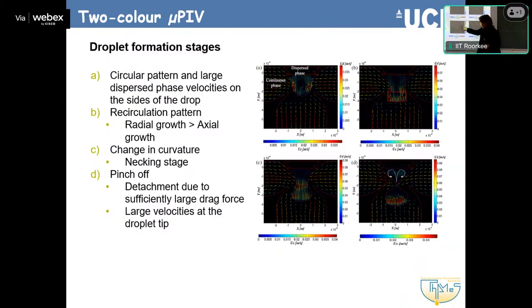We see the neck forming and what happens to the outside flow when the neck forms. And then finally the drop detaches, and as it detaches, the interface goes a little bit back. This is what creates the circulation zones we saw before inside the droplets. And the process repeats.